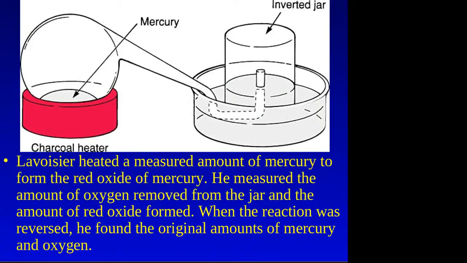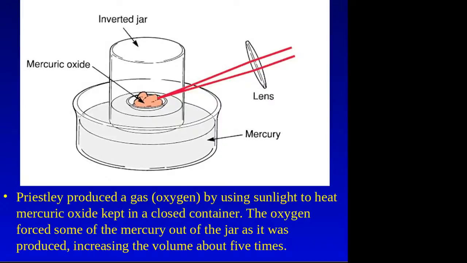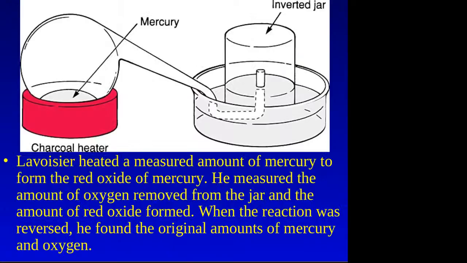Lavoisier heated mercury to form a mercury oxide. And then he measured how much oxygen was taken away from a jar. So notice the two things happening here. If you look at these two experiments, I take mercury oxide, I heat it, and I produce oxygen, and I can see the oxygen coming into the jar.